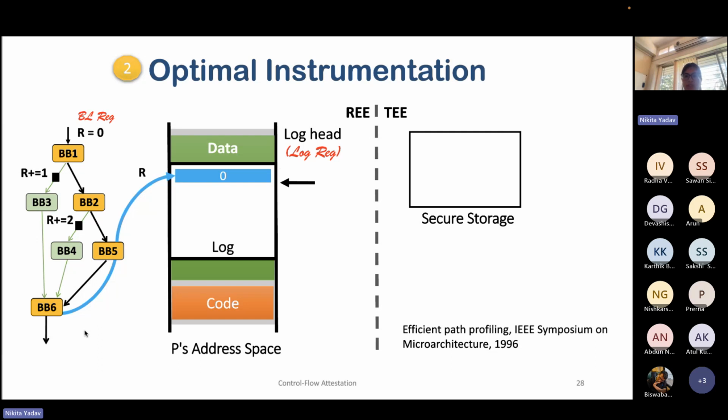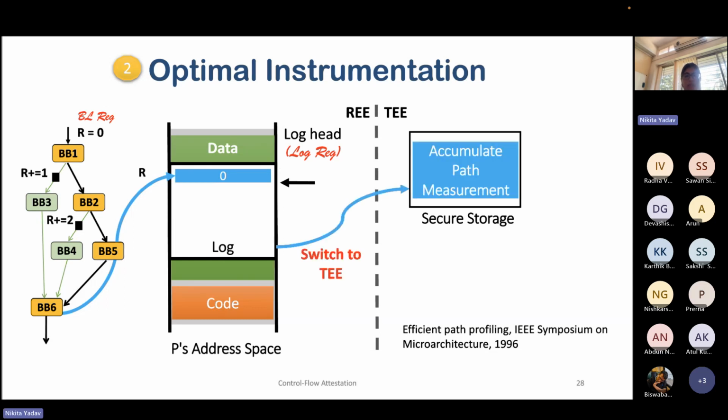Same for call instructions: whenever there is a call to another procedure, the current value of the Ball-Larus path register is recorded, and then it is set to 0 in that new function. And when you come back, you again reset it to some other value. So at all times, you are maintaining that acyclic paths in your procedure have different IDs.